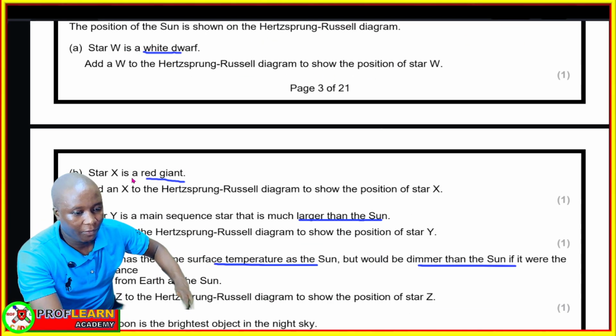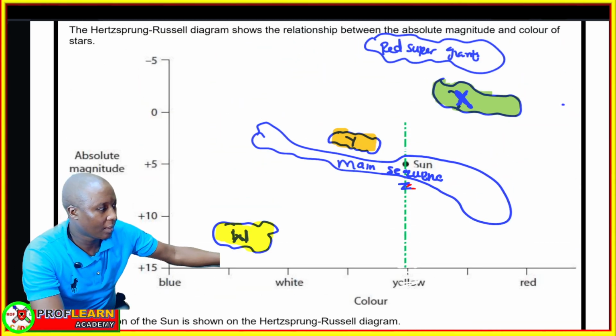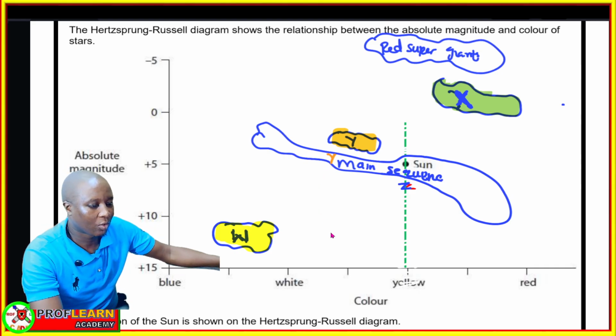Then we have Y, a main sequence star that is much larger than the sun. So I can say Y is somewhere above to the left. If it's larger, it's brighter. Let me just remove this.